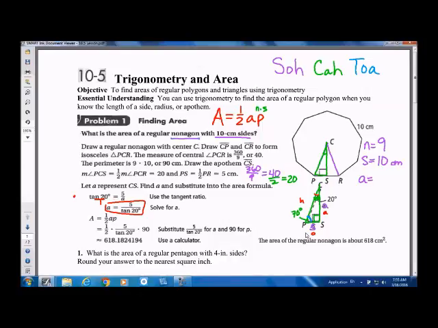If we mark the 70-degree angle, this becomes opposite, this becomes adjacent, and I can write tangent of 70 equals A over 5. This gives me A equals 5 tangent 70. Again, I'm going to keep it this way because it is irrational.